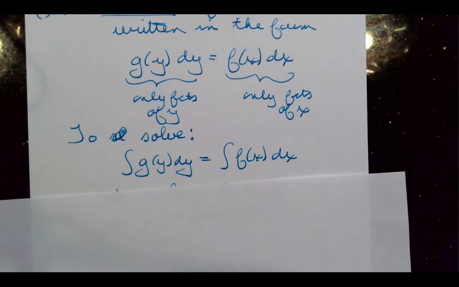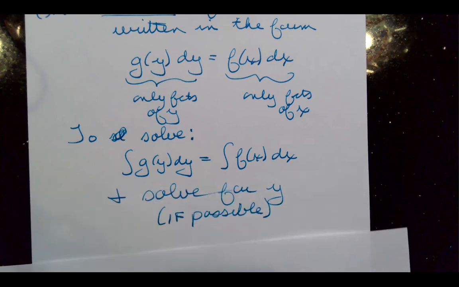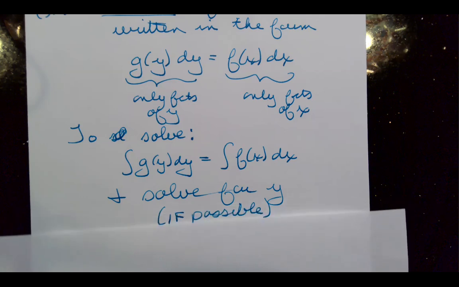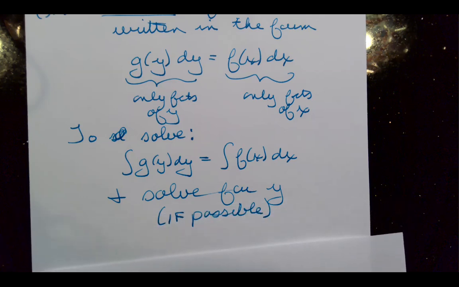Now if you can work out those integrals, in principle, you're done. And solve for y if you can. If you can solve it so that you say y equals some function of x, that's an explicit solution. If you can't solve it explicitly for y, sometimes the best you can do is get an implicit solution.